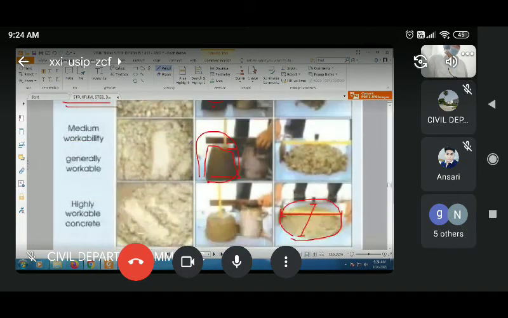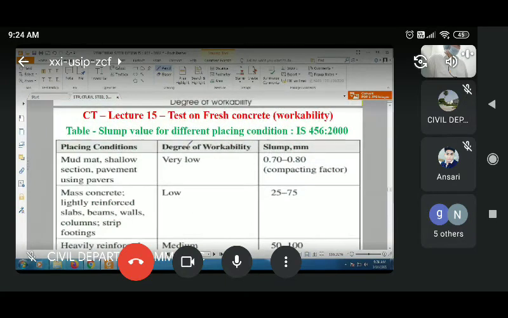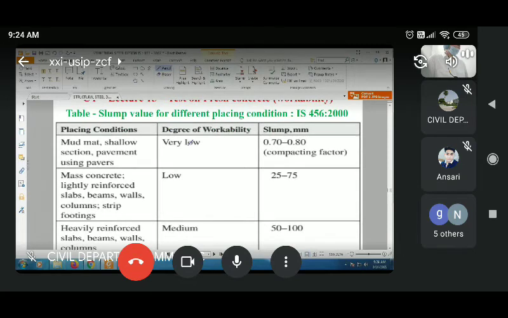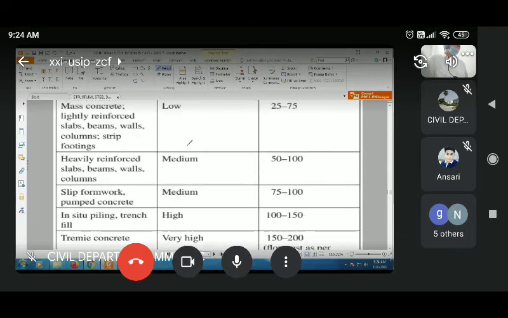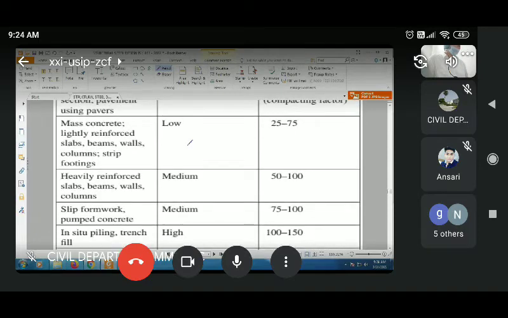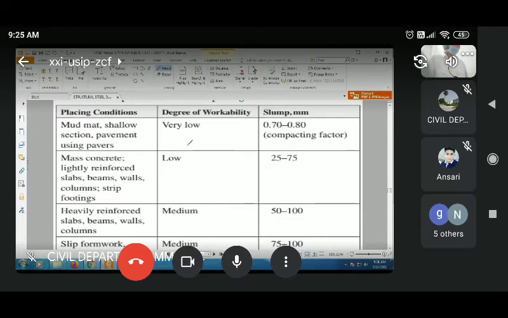Then IS 456 gives the different values of slump and compaction factor. If a very shallow section is there, or pavement in road construction, then the degree of workability is very low.